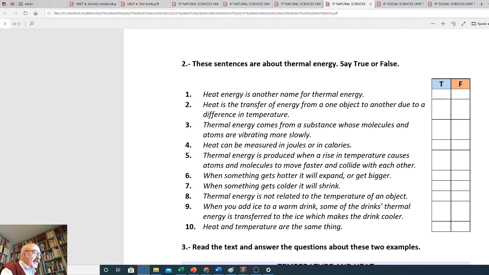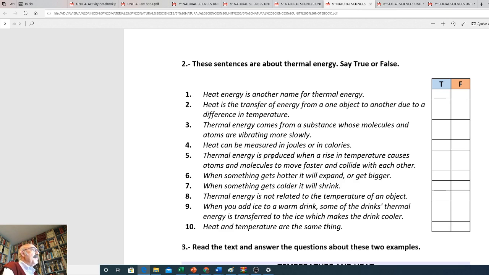This is something you have to look at. You have to check when you are eating any food. You have a tag with the number of calories each food contains. Good. Let's move on.